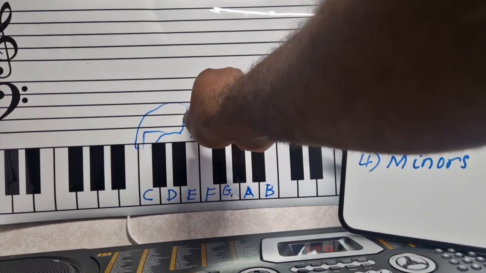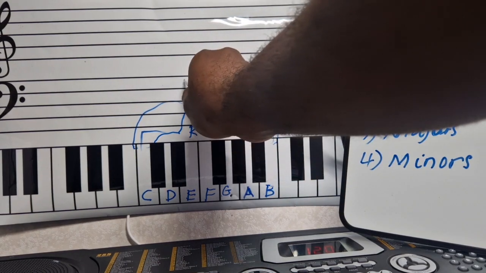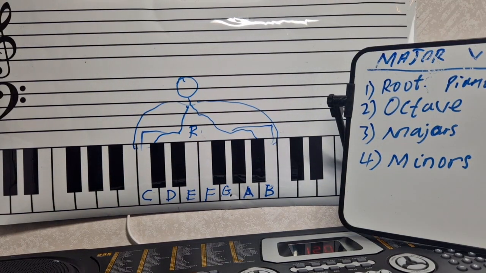Including this one, including the black keys. So they are known as the octave. Okay, so they are the fundamental rhythms of a piano as well.